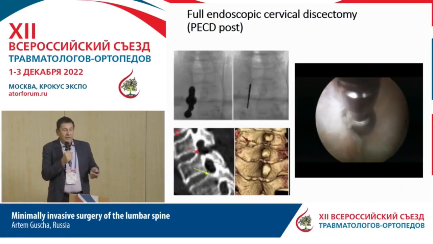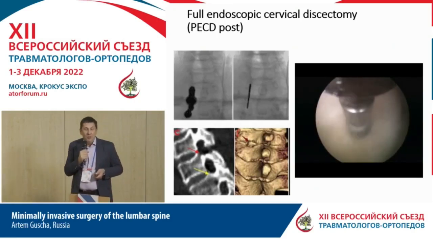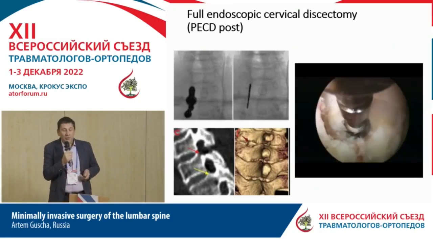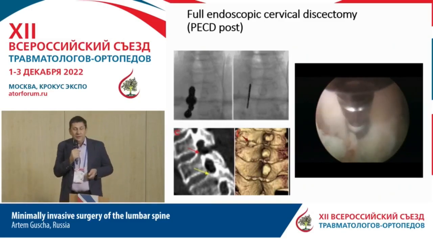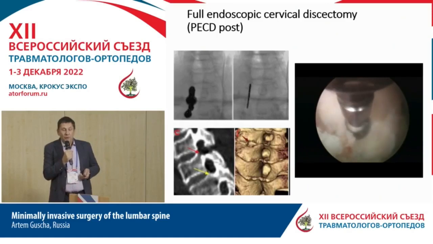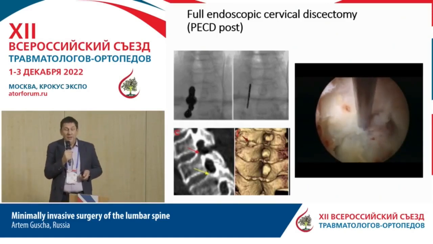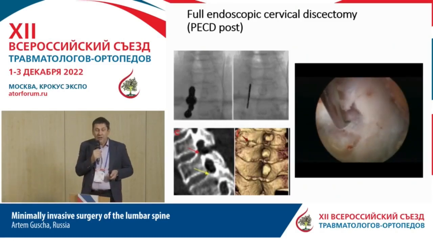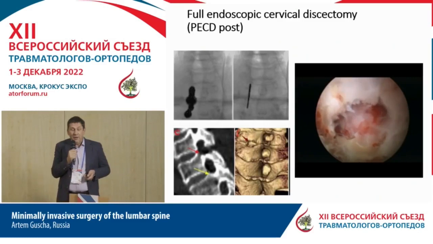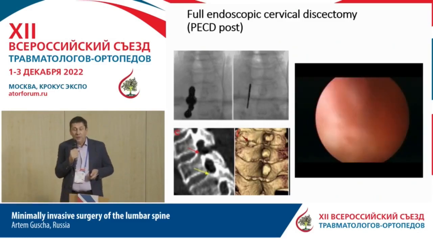Here is one of the first trials when we started to perform percutaneous endoscopic decompression for cervical stenosis. But of course, it's a little different because you drill a lot, and you should always avoid bleeding, because the epidural veins provide some difficulties in detaching the radicular from the herniation.